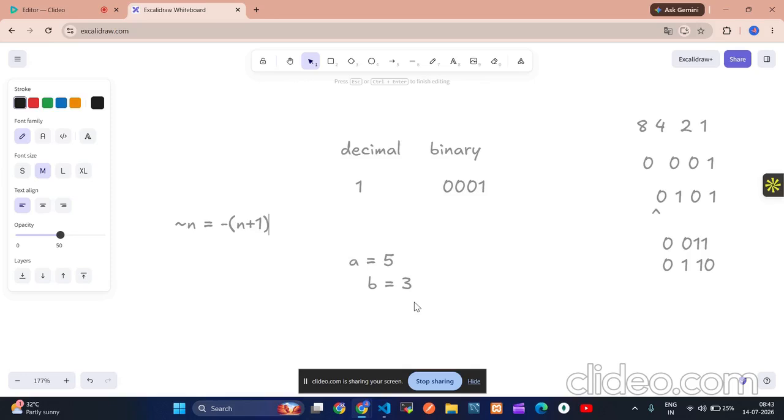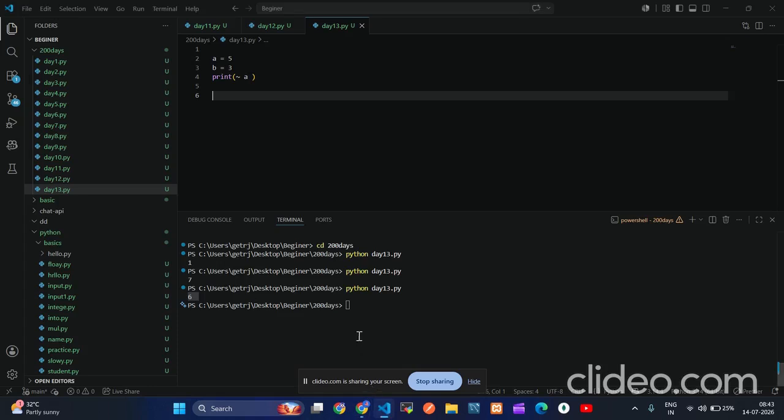When you use this on 5, minus 5 plus 1 equals minus 6, wait, minus (5 plus 1) equals minus 6. This is the easiest way to remember the NOT operator. So we will check here, the result will be minus 6.